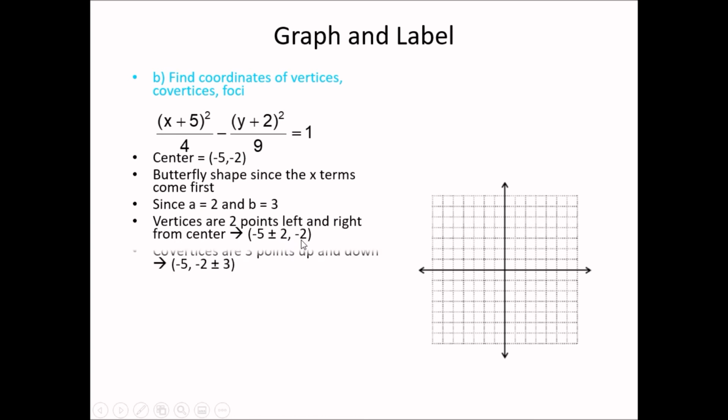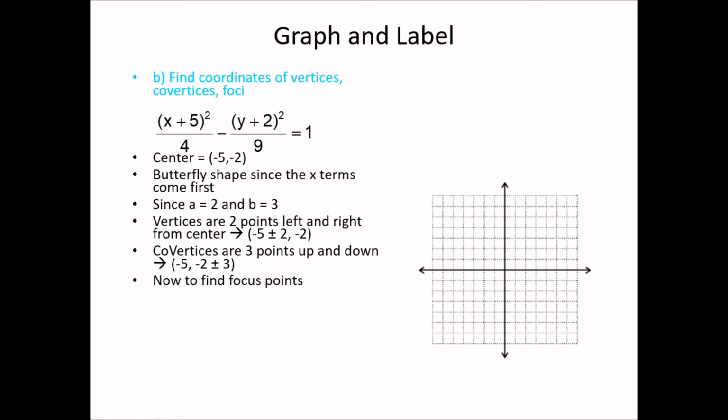Okay, correct. Now, co-vertices. Balikan nyo yung notes nyo. Co-vertices is h and k plus minus b. So, you have h, -5, then k is -2 plus minus b. That is 3.